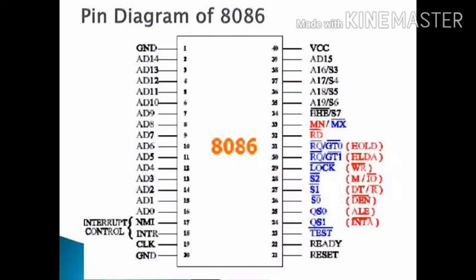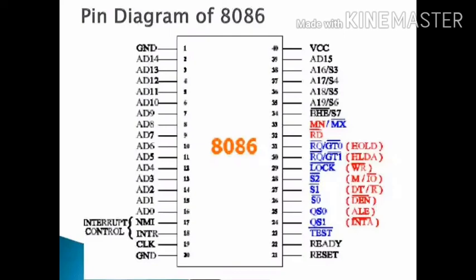So each microprocessor can access global resources, right? We use this lock pin when an instruction needs to make sure that another microprocessor does not take control of the system bus during execution of a critical instruction which uses the system bus.